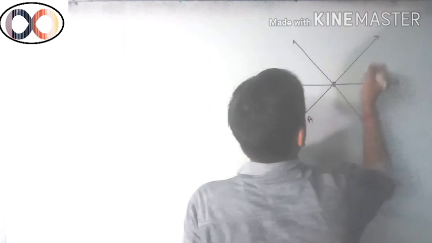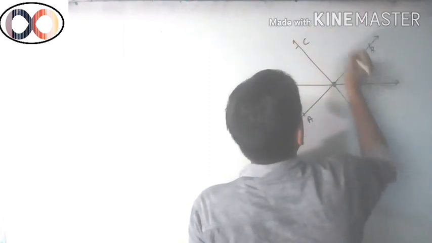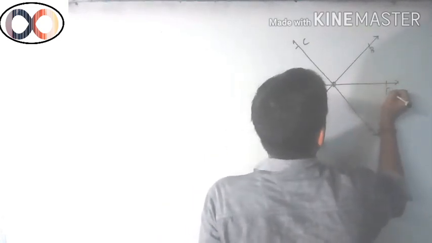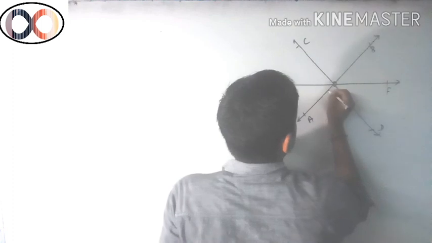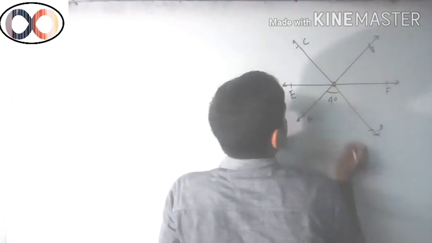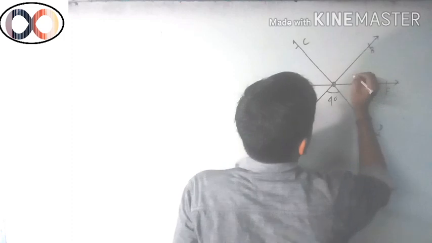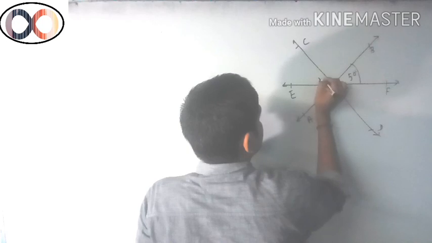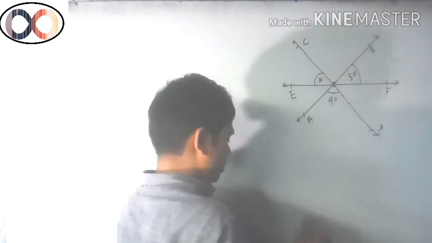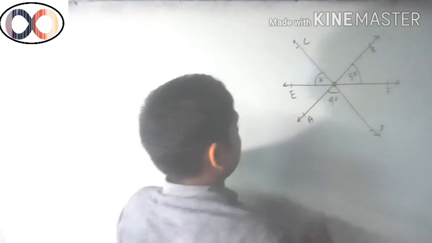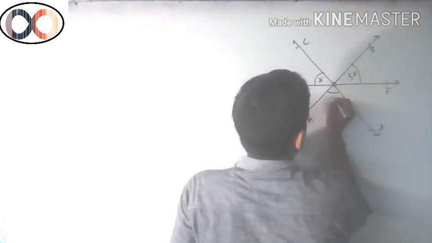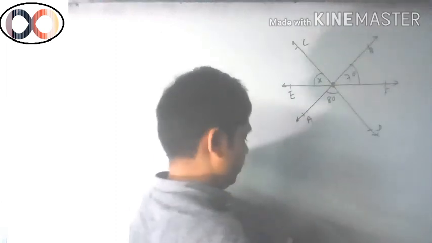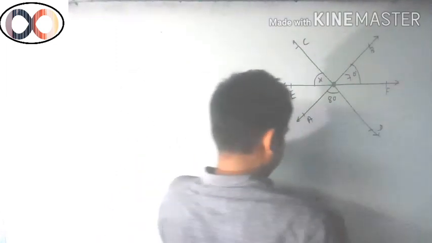Here is A, B, C, D, E, F. This is 40 degrees, this is 50 degrees, and this is x degrees. Sorry, this is 80 degrees, and this is 70 degrees.